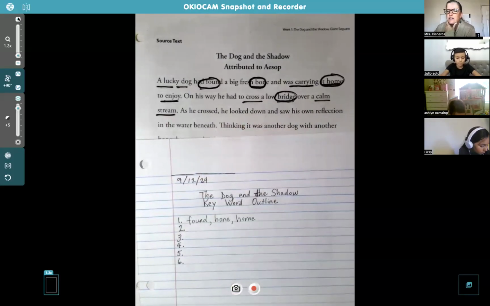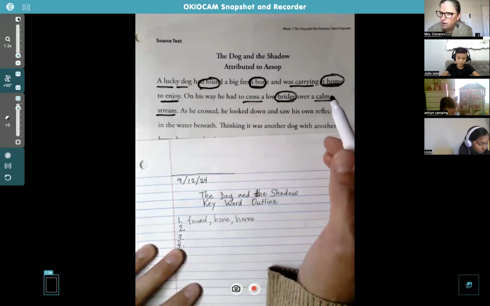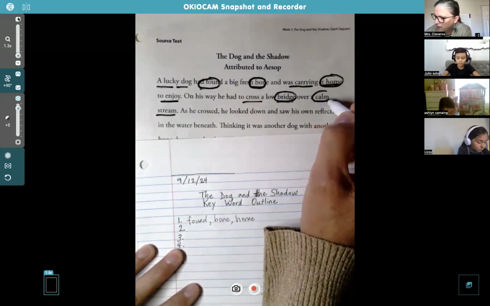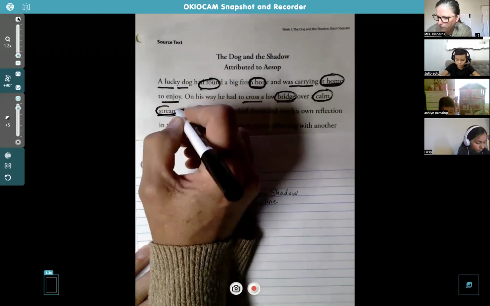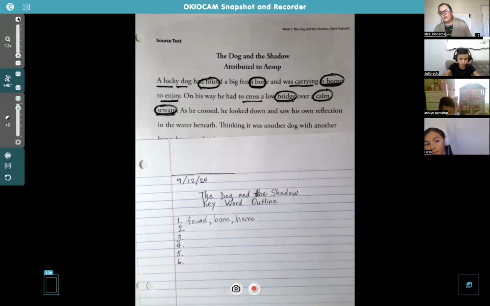And I don't know if we need cross because when you get to a bridge, you normally cross it, right? That's what we do. When we see a bridge, we cross the bridge. So I'm thinking, I saw your hand for a second there, Julio. I think we need calm. That's important. And stream, definitely important. We got to know there's water there. So that word calm means that it was really still.